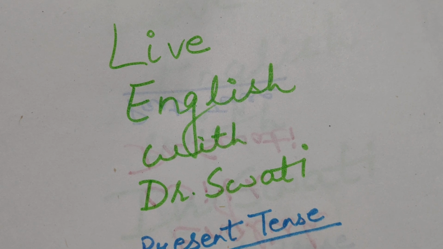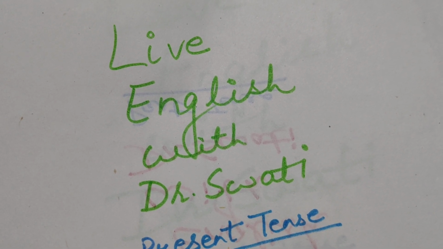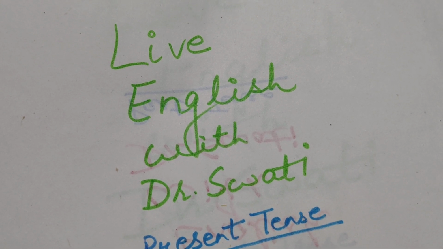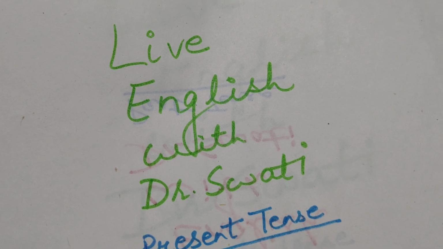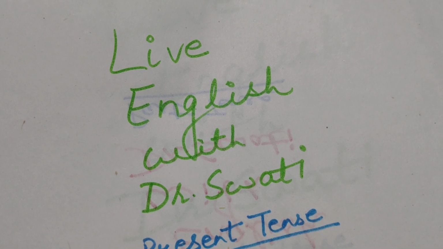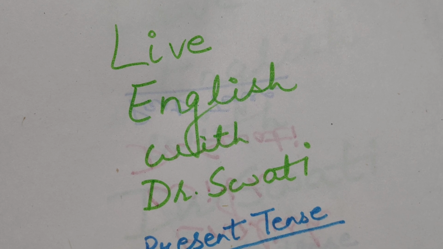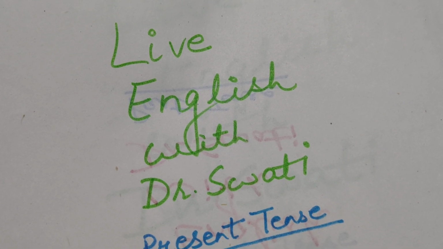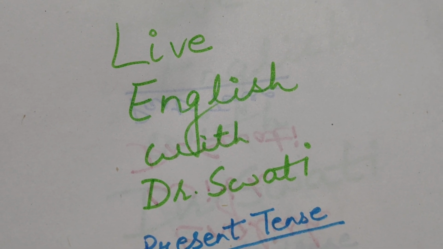In the same way, when you are going to denote an action beginning in the past but still going on at the present moment, in that case you will be using present perfect tense, and for this you can say he has been ill since last week. He has been ill since last week. So this is something which is taking place from the past but is still going on.